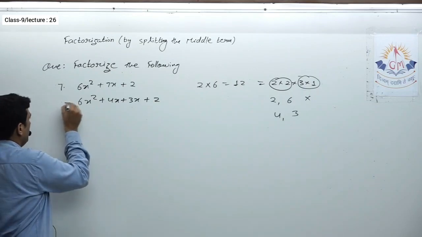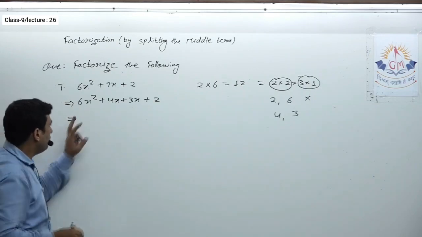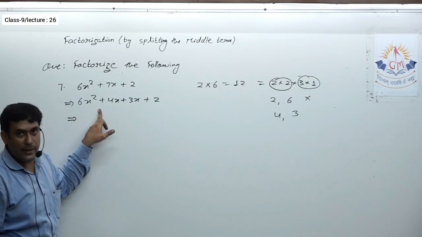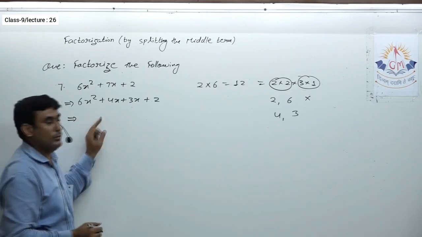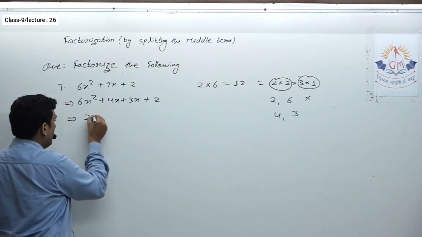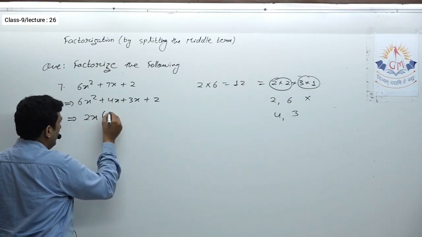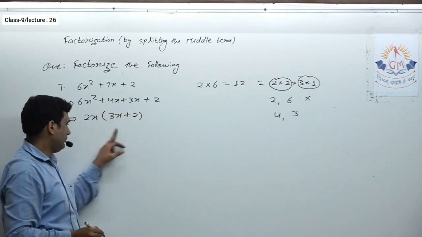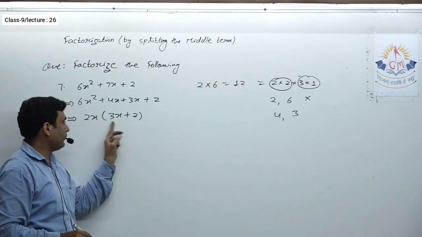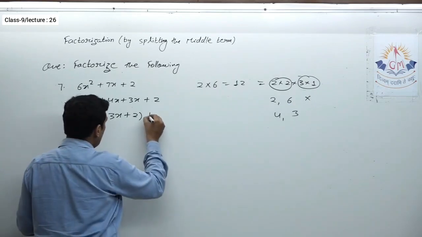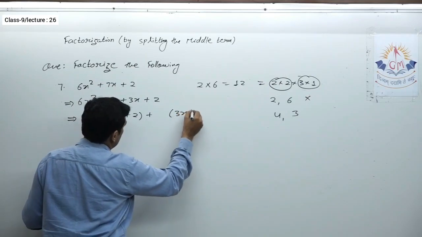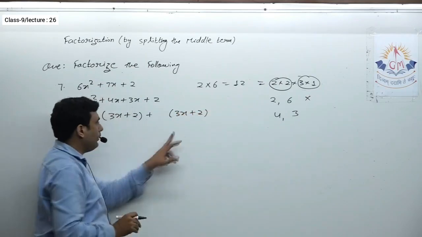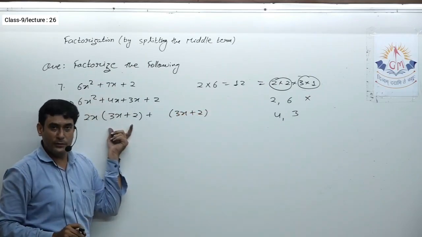Now we'll take common from the first two. From the first two, other than x, you can also take 2 as common. So I'll take 2x common. So here I get 3x plus 2, isn't it? 2x into 3x is 6x square, and 2x into 2 is 4x. Now from these two, first I wrote whatever was in the first bracket.